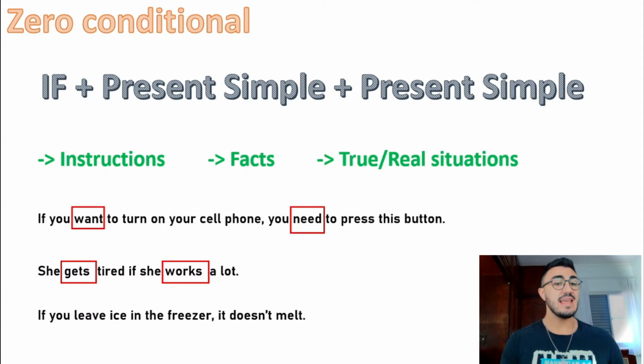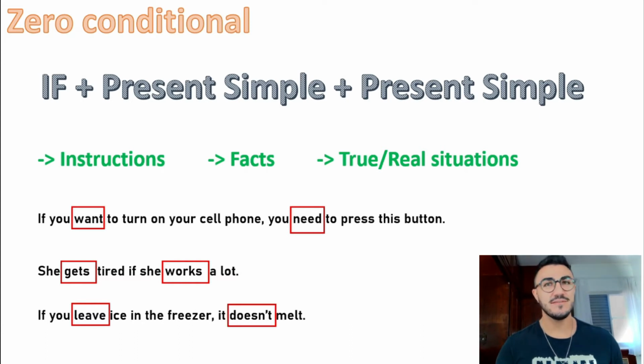Next. If you leave ice in the freezer, it doesn't melt. So this is a real situation. This is a fact, a true situation. Leave, present simple; doesn't, the negative for present simple.